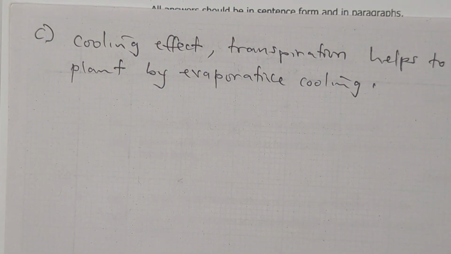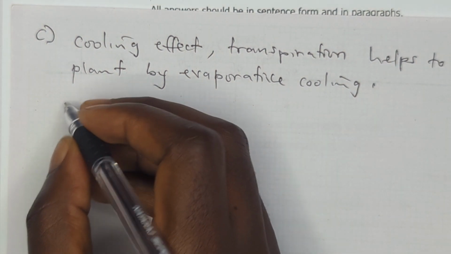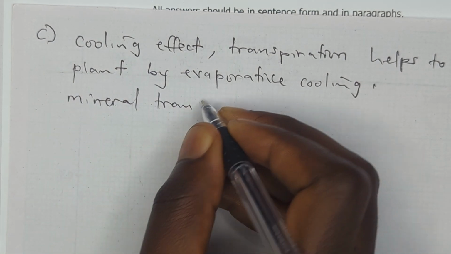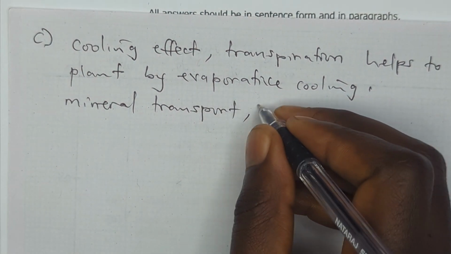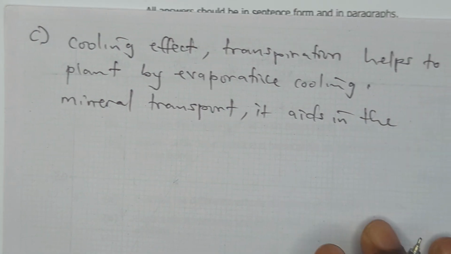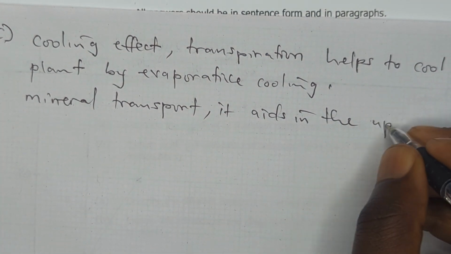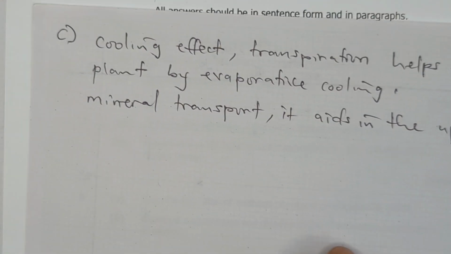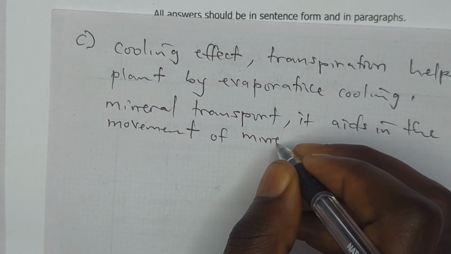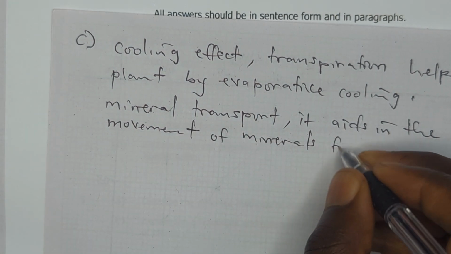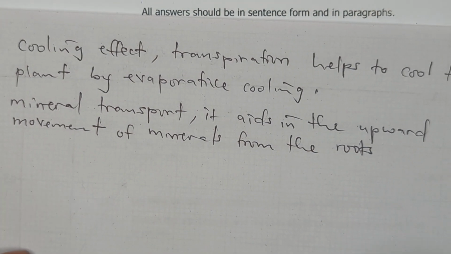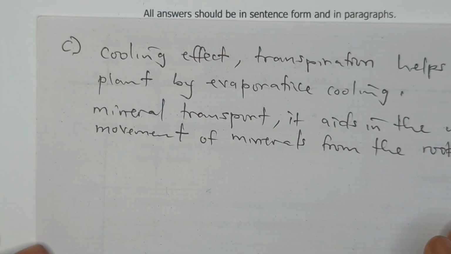The other importance that we can include here is mineral transport. It aids in the upward movement of minerals from the roots to other parts of the plant.